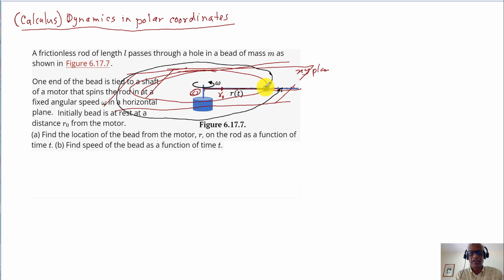So actually at this instant, momentarily you can see that there will be an acceleration in that direction, and there will be an acceleration in that direction. And the radial acceleration, and there's a tangential acceleration too, which we are not going to look at because we're only interested in the radial motion.